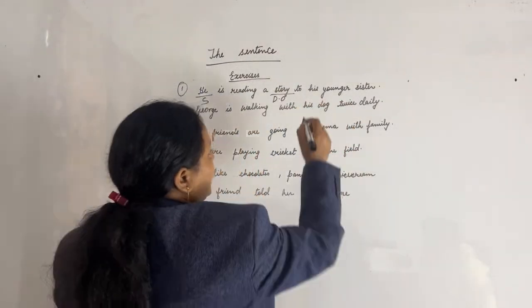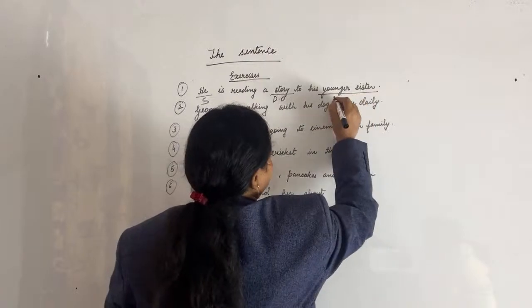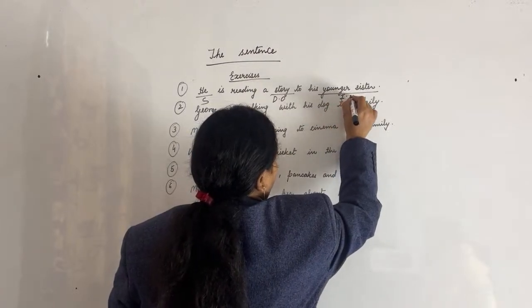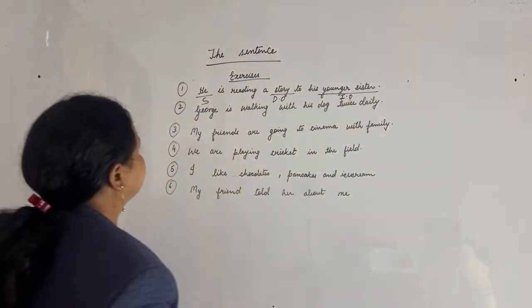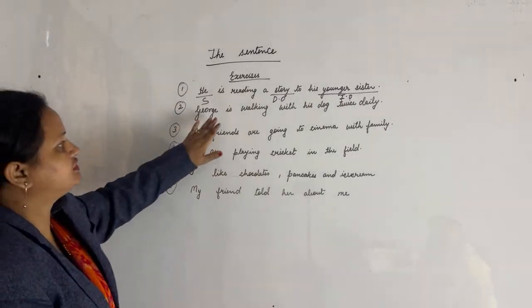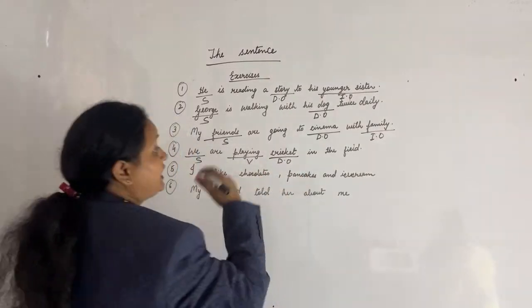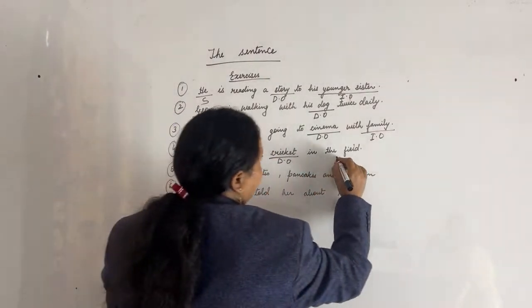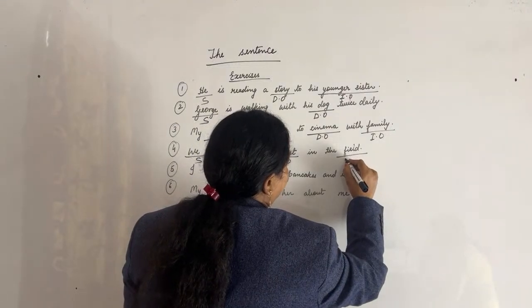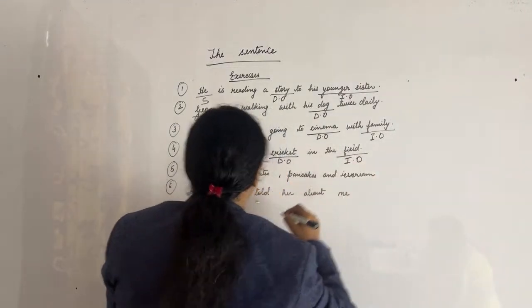For his younger sister. So younger sister is indirect object. In the second sentence, George is walking with his dog twice daily. Where are we playing? In the field. So in field is indirect object.